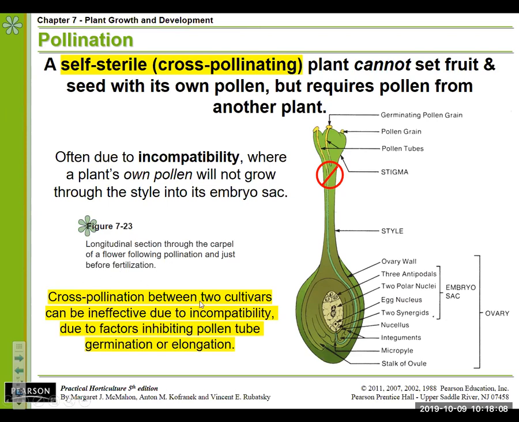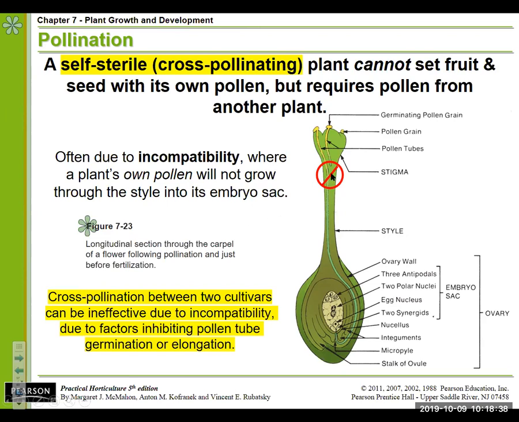So cross-pollination between two cultivars can be ineffective due to incompatibility in some cases. So we see that a lot with apples, for instance. Only certain varieties are able to pollinate each other. So we might plant a Golden Delicious, which tends to be a really good pollinator, in an orchard where we have a bunch of different varieties because it's able to cross-pollinate a wide variety of apples.